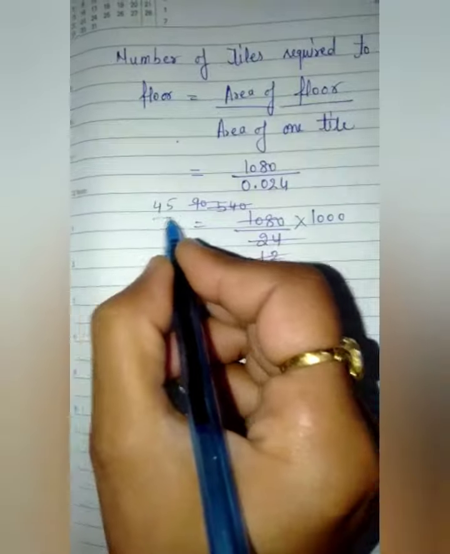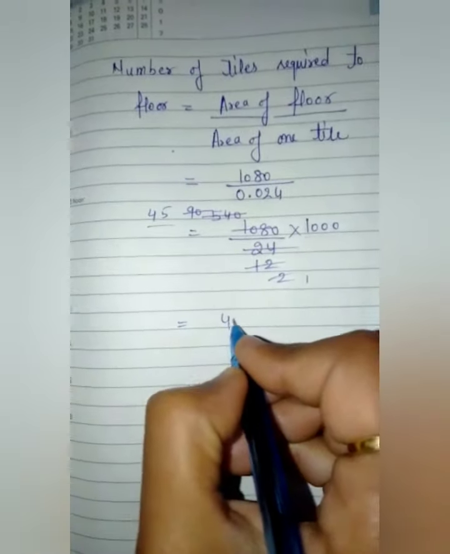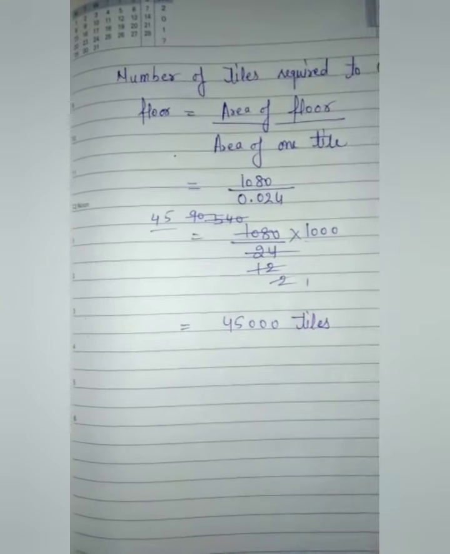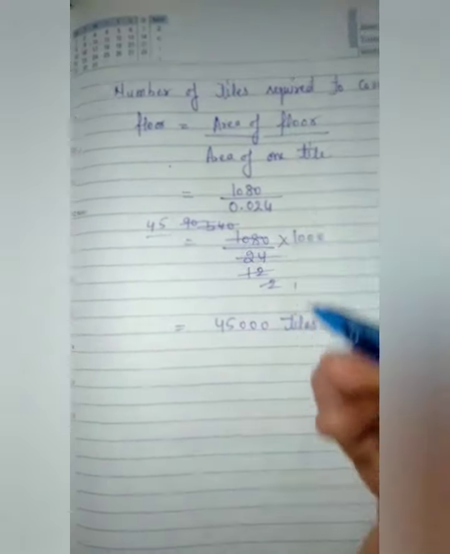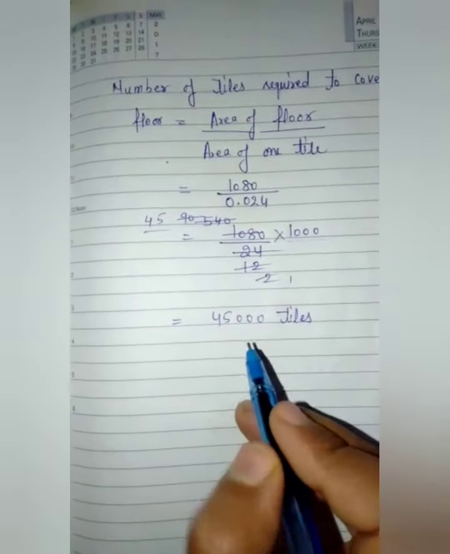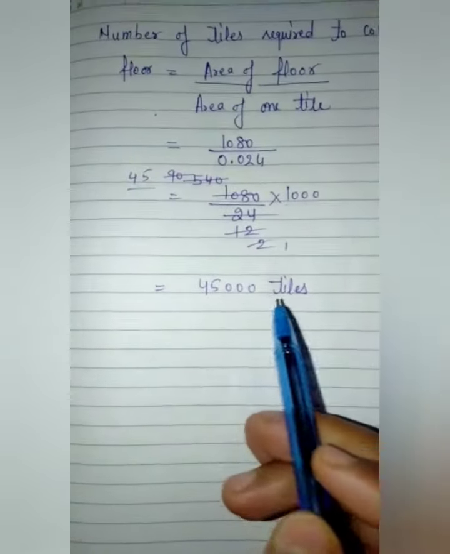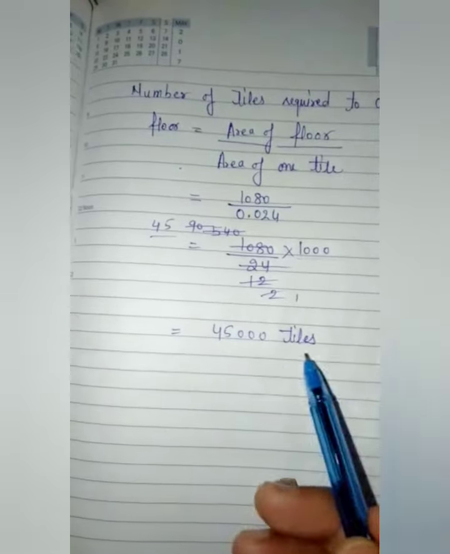So we get 45 and 1000 will be multiplied to give 45,000 tiles. Meter square upon meter square, the same units are here, so no units will be there. And the question was to find the number of tiles. So these 45,000 are the required number of tiles. The required answer is here.